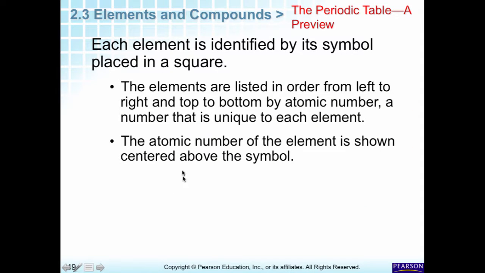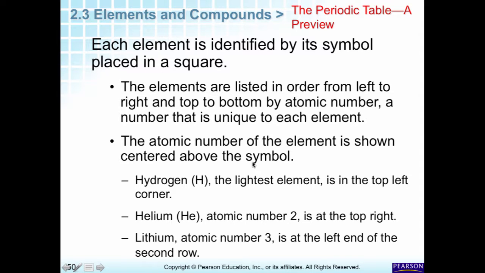Okay, so in this picture, on the previous slide, the atomic number was centered above the symbol. This isn't always the case on every periodic table. Sometimes they'll have more information. But if the number is sequential, so the element before it is one number less, and the element after it is one number more, then we're talking about the atomic number.